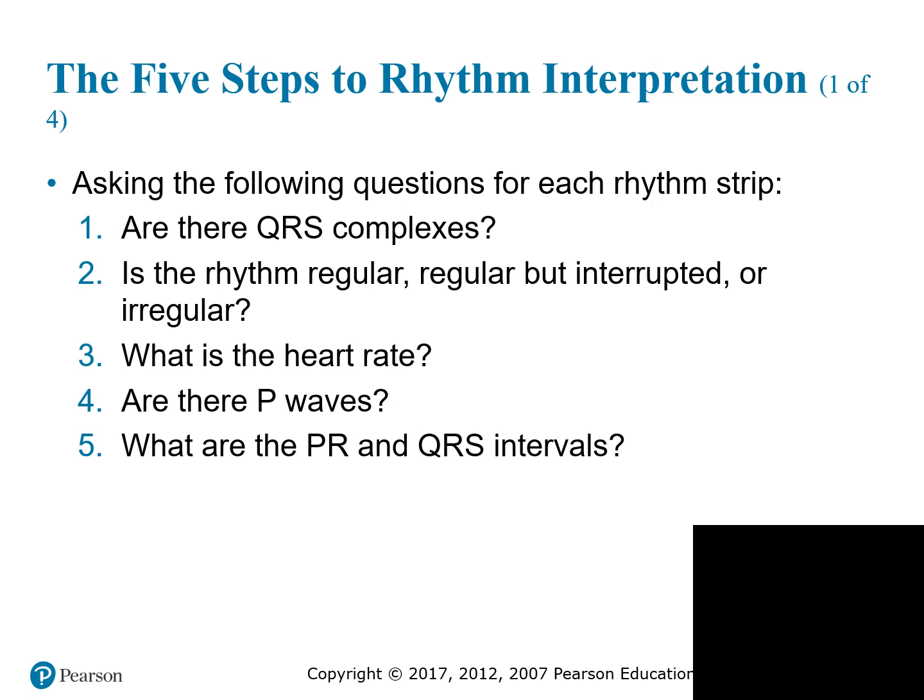Now, the difference is that when they ask you, are there any QRS complexes, they're asking if you actually see a QRS wave. When they say the QRS interval, that's a calculation. They want to know how many seconds it took for that QRS to form.